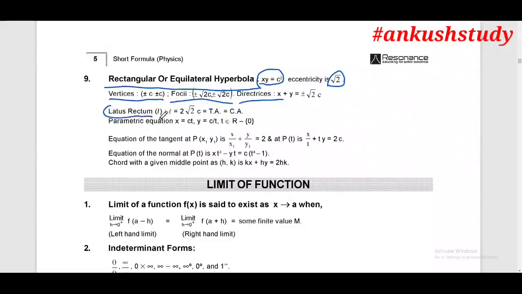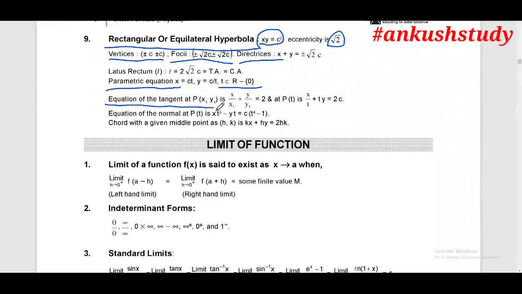And this one is the lattice rectangle, which is represented by the L symbol, which is L is equal to 2 root 2 c, and the parametric equation is x is equal to ct, y is equal to c by t, where t is a real number not equal to 0.